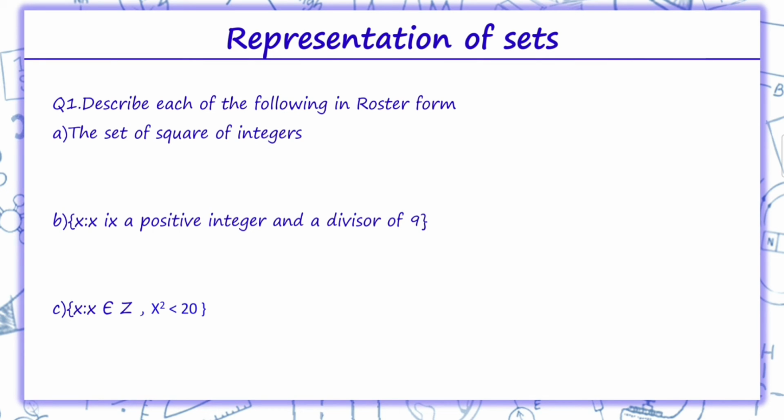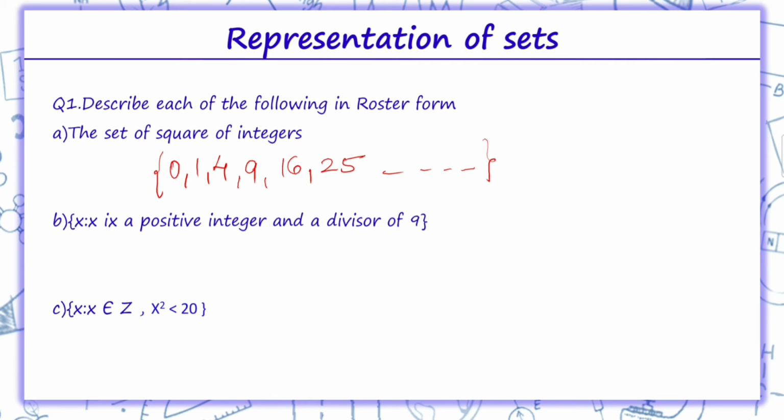So now I have to represent this in roster form. What I'll write over here: 0, 1, 4, 9, 16, 25 and so on. If they had mentioned less than 5 squared or less than 6, I would have stopped over here only. But they haven't mentioned anything like that.